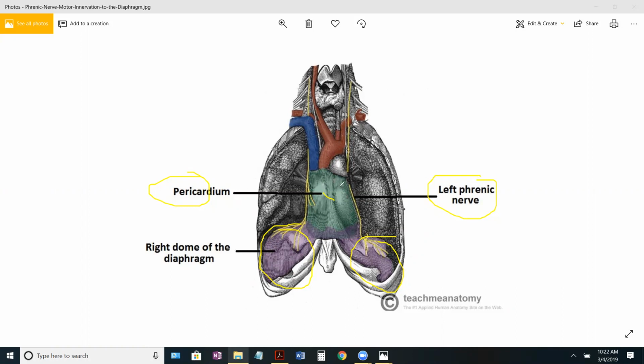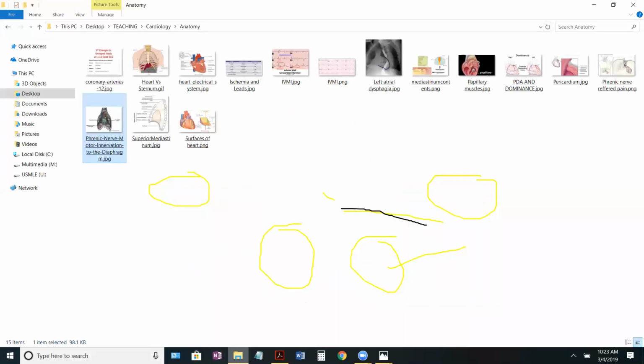So if due to some diaphragmatic irritation or due to acute pericarditis, maybe the phrenic nerve will get irritated. If this phrenic nerve is getting irritated, then there is one very common question they ask you on the exam: why is the patient suffering from pain around the shoulder?